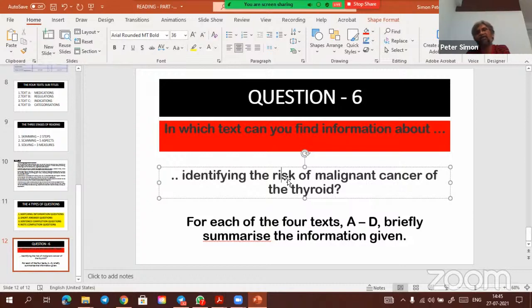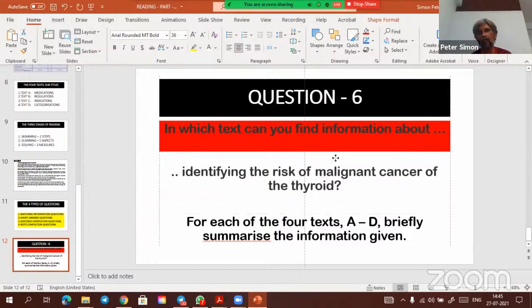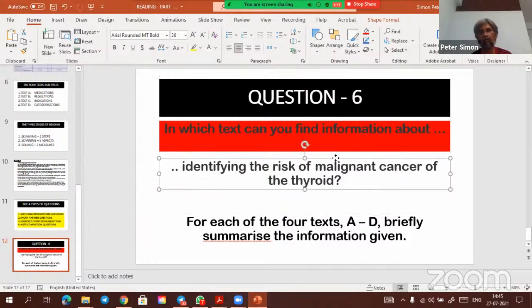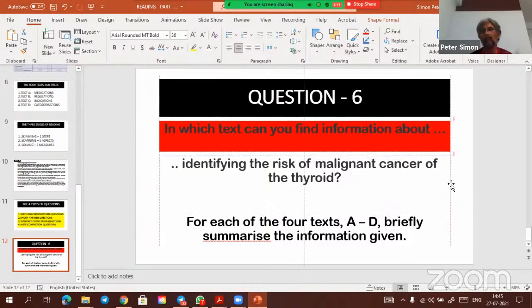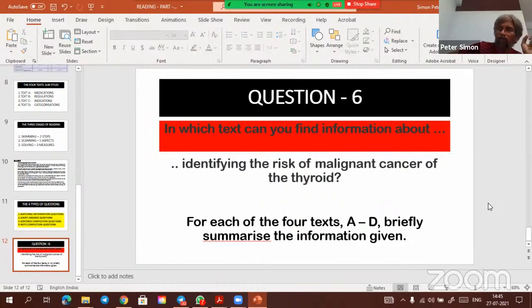Identifying the risk of malignant cancer of the thyroid. That's it. So that is the point.